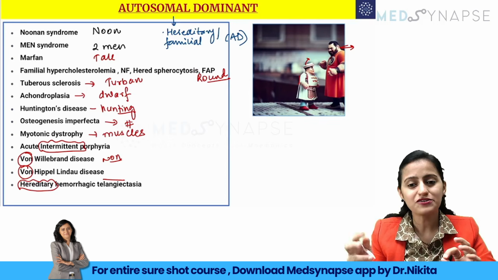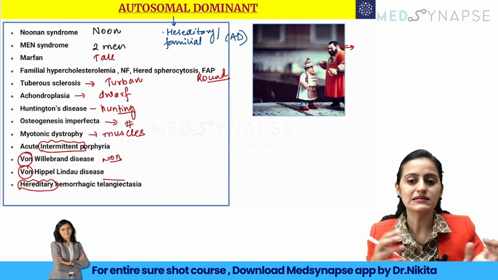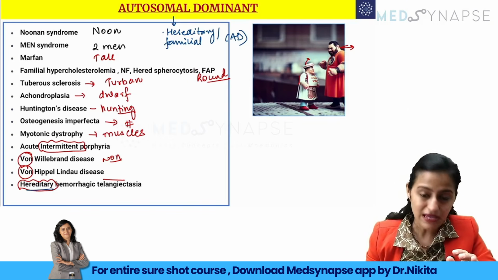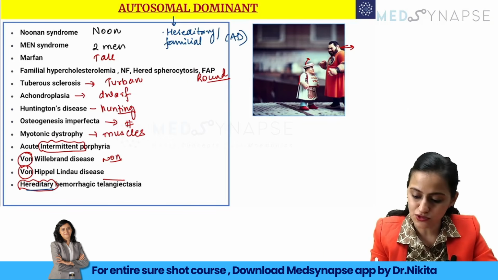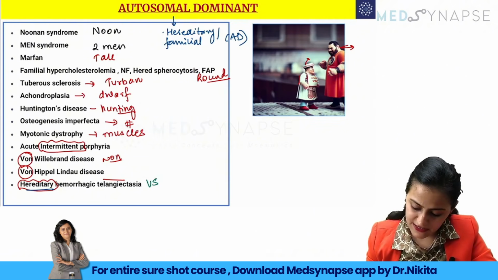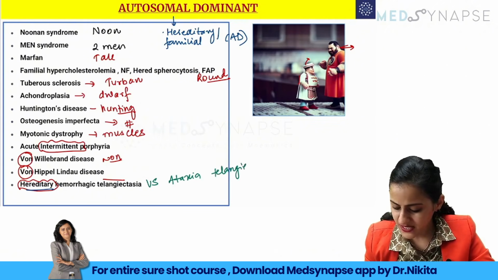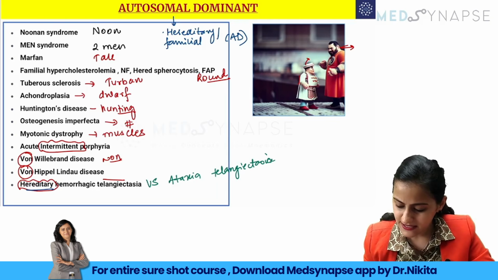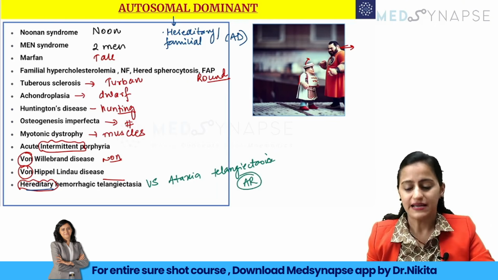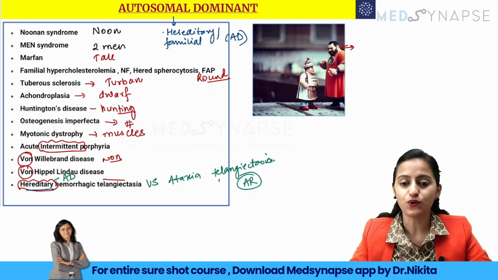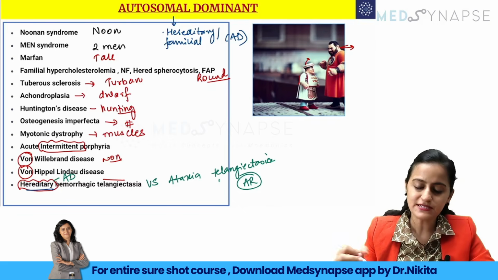So hereditary spherocytosis, familial adenomatous polyposis, familial retinoblastoma, hereditary hemorrhagic telangiectasia are autosomal dominant, versus ataxia telangiectasia, which we will see ahead, is autosomal recessive. Hereditary is autosomal dominant, ataxia telangiectasia is autosomal recessive. So I hope this is now easy to remember.